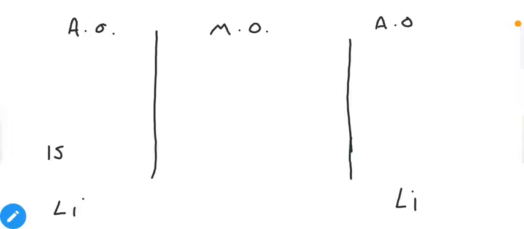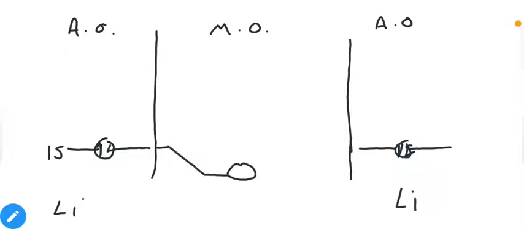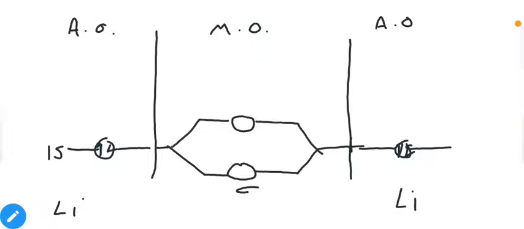So in the 1s orbital, each contains 2 electrons. So this type of electronic configuration will be there. So these two orbitals will form one lower energy orbital, that means bonding, and one higher energy orbital, that means anti-bonding orbital. So this is sigma 1s and this will be sigma star 1s.